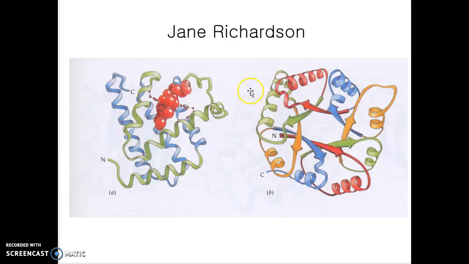Jane Richardson proposed another way: the helical ribbon for the alpha helix and the arrow ribbon for the beta pleated sheet, and the loops connecting such secondary structures.